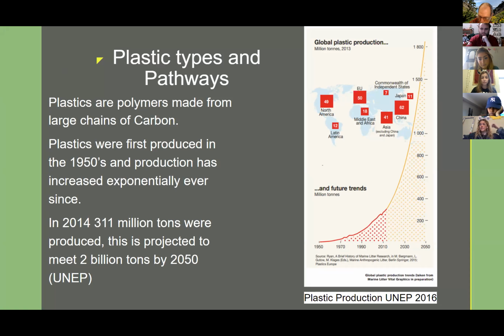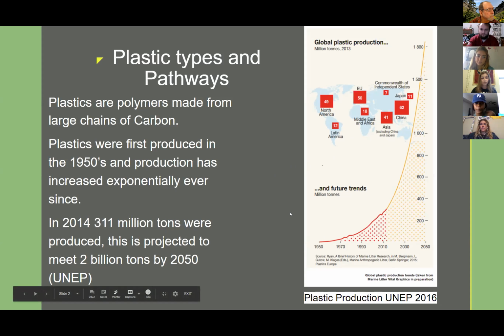Production began in the 1950s, and it became really popular and replaced a bunch of other things because it's really cheap to make, durable, and lightweight. The United Nations Environmental Protection Agency predicted that currently plastic is being produced at around 311 million tons per year, and that's expected to increase to 2 billion tons per year by 2050 if this continues.